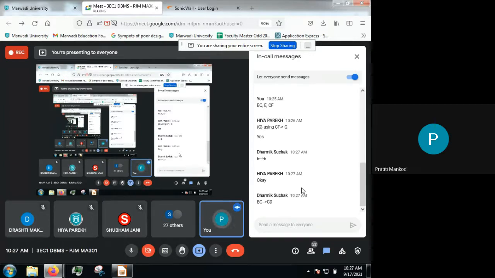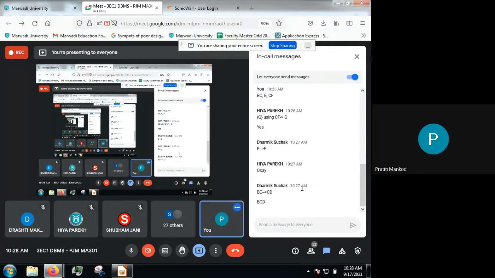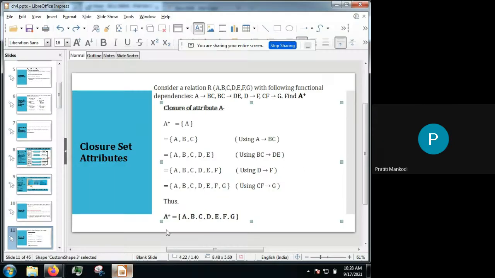What will be the entire closure? What was coming for BC? No, BC is there, so CD is there, so you will get F. Which one is the CD one? BC is there so you will get DE, and D is there so you will get F, and CF is there so you will get G. So except A, everything you will get.